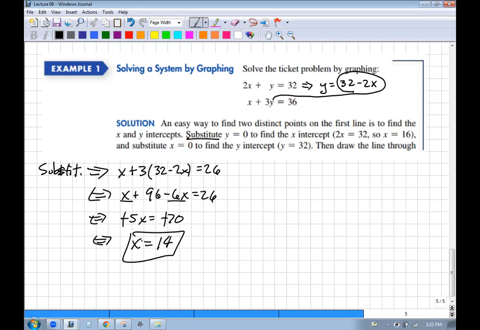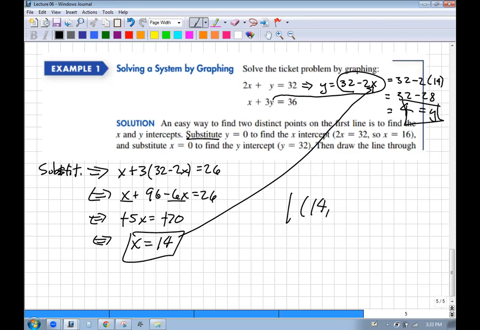All right, I know what x is. Now that I know what x is, I can plug it in right there to get my corresponding y. So this is 32 minus 2 times 14, or 32 minus 28, or 4. So the solution here is 14, 4.